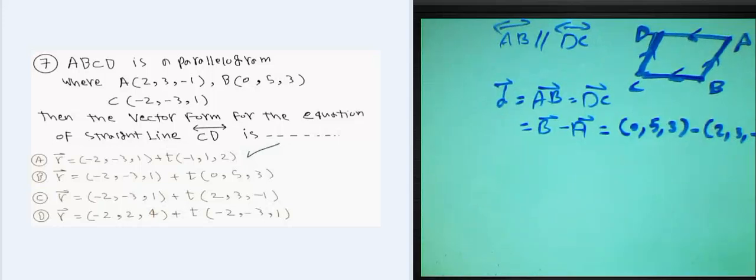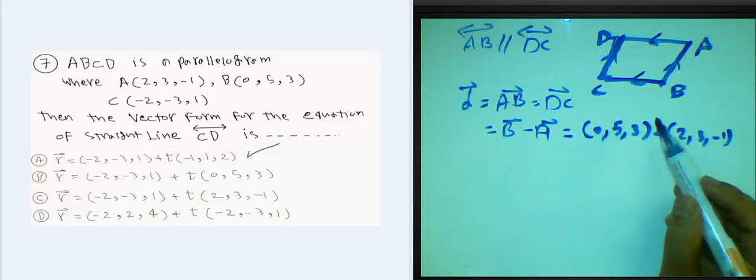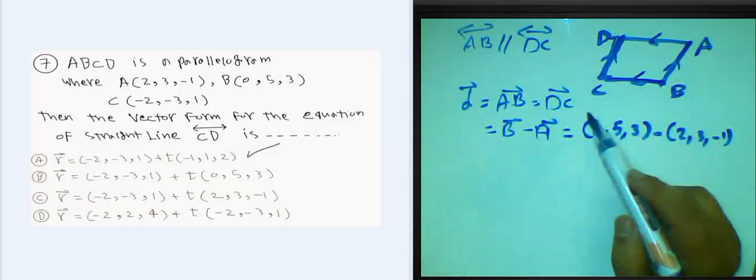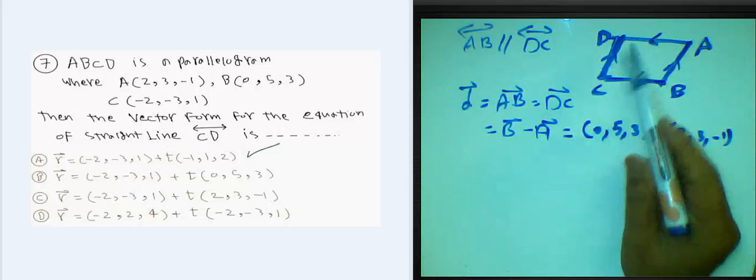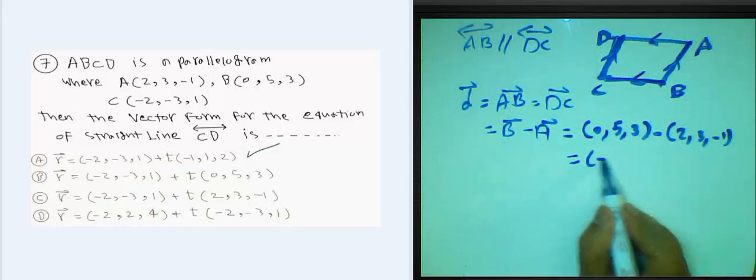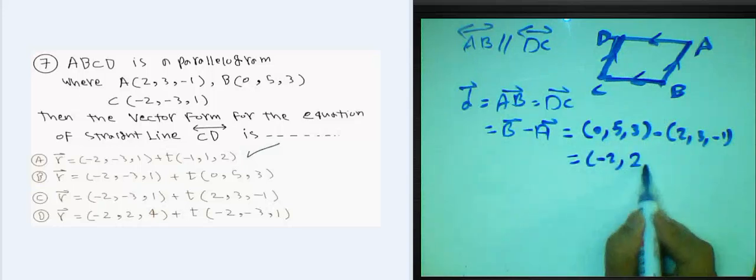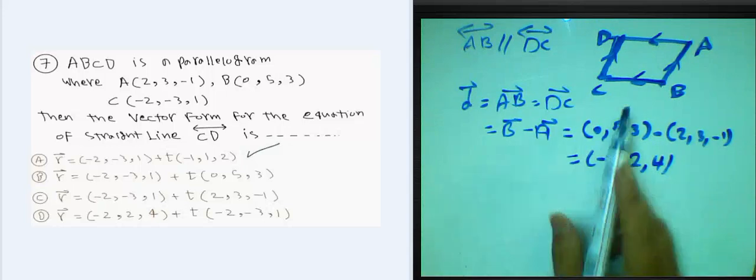Okay, we can find the vector AB equal to vector DC. We subtract them: 0 minus 2 equals negative 2, 5 minus 3 equals 2, 3 minus 1 equals 4.